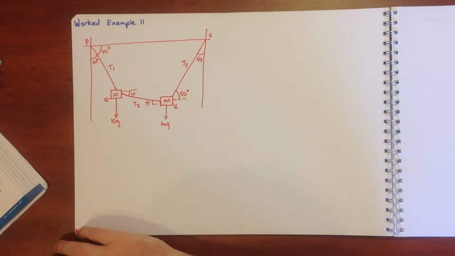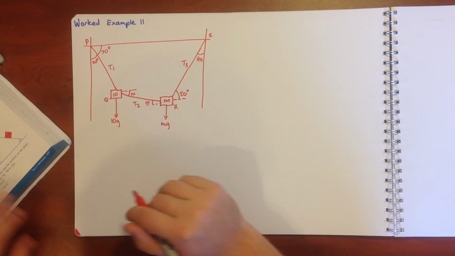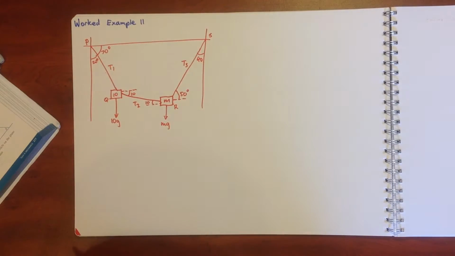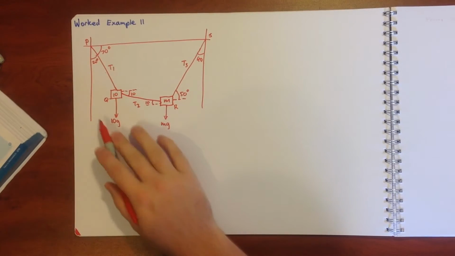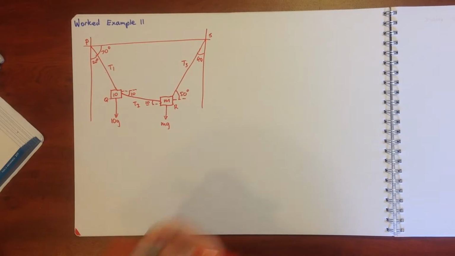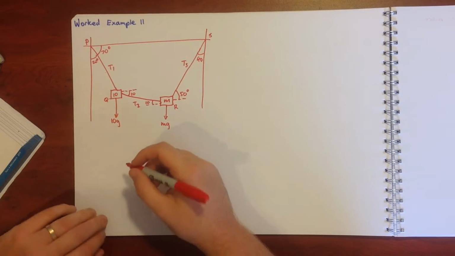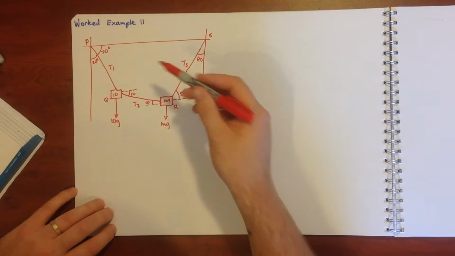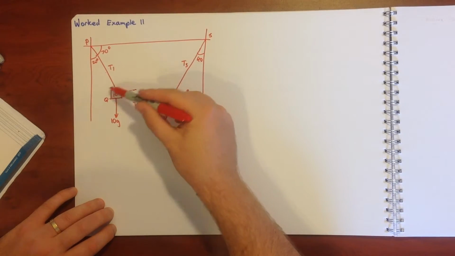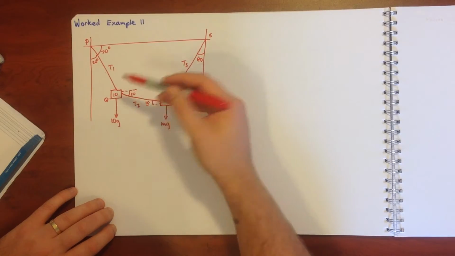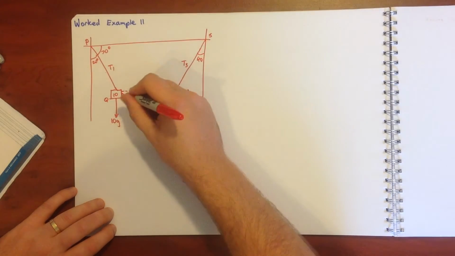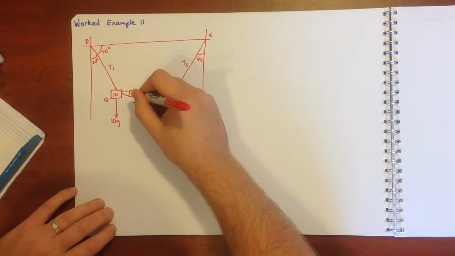So we've got our picture drawn up, which is a good start. There's going to be a fair bit to do here, because as you'd expect, this looks like a pretty complicated example, so we are expecting a bit of work. We want to resolve around our point Q here. So we get T2 when we look at our force here.